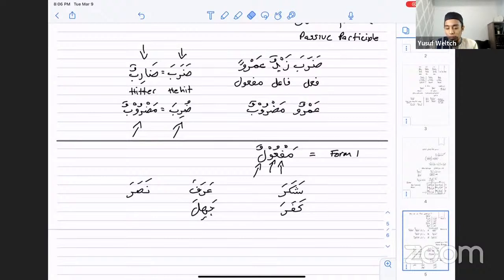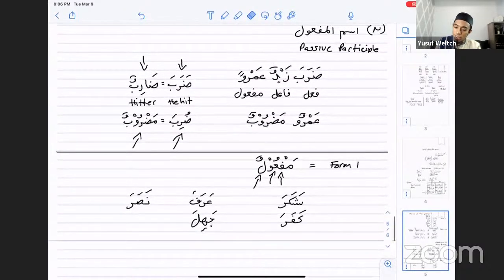So just strip the tense. So if I said shay'un ma'rufun, what would you say? You're very close. Right. He was known.